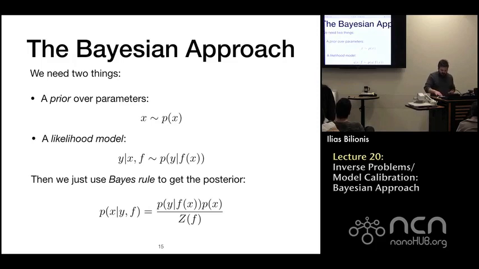The first thing we need to introduce is a prior over the parameters. So the Bayesian approach requires you to say what you think about the parameters of your model before you start doing anything else. Right, so what are your parameters? Are they positive variables? Are they negative variables? Are they supposed to live within specific bounds?